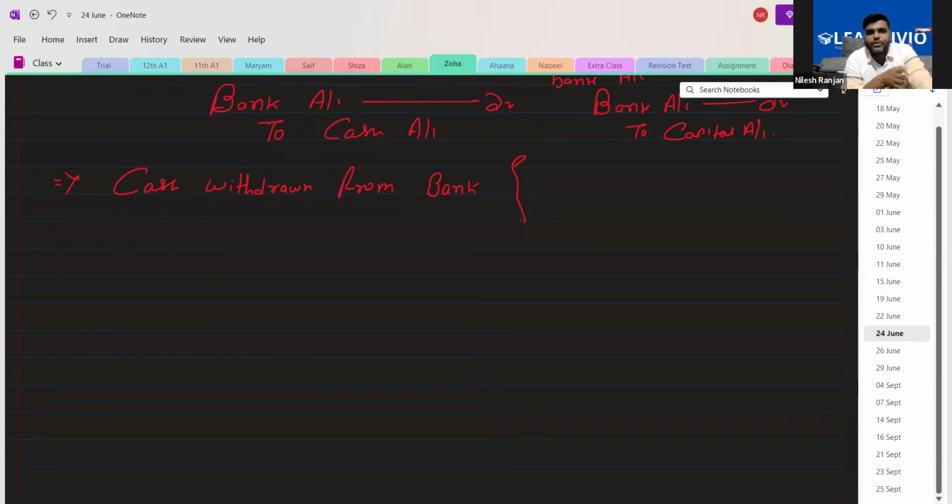It has to specify that it is used for personal work. So if it is written here, cash withdrawn from bank for personal use, now it is not a contra entry again.